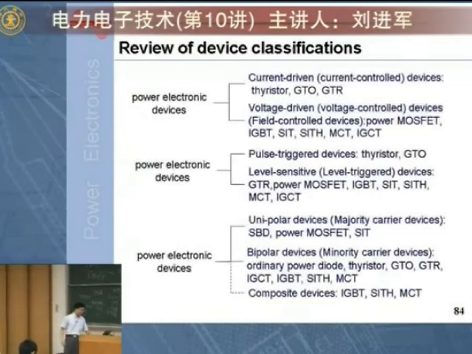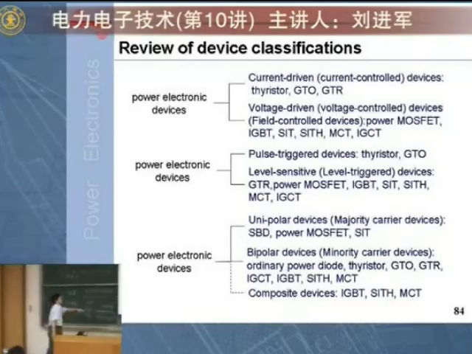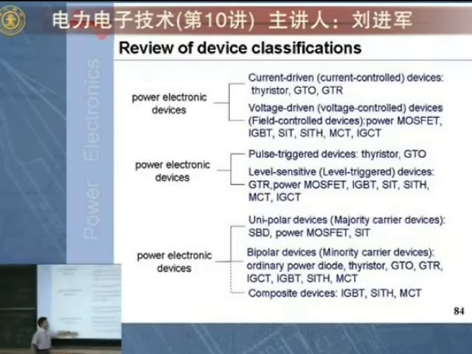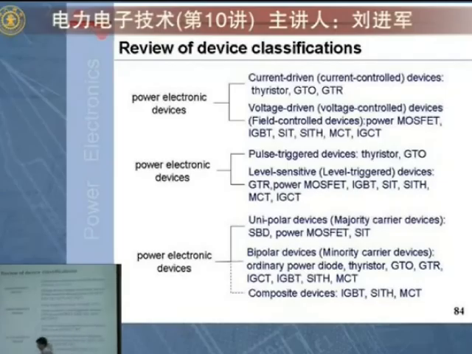Power electronic devices can be classified into current-driven and voltage-driven, pulse-triggered or level-sensitive, unipolar or bipolar, or composite. We consider IGBT as a combination of unipolar device and bipolar device. Okay?